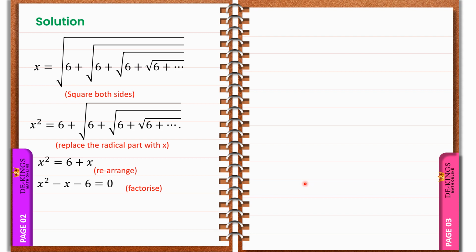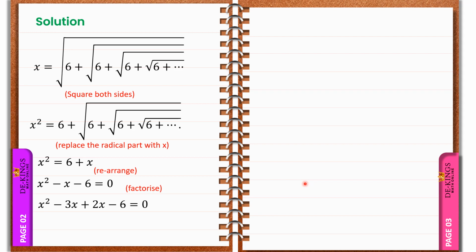Since we have minus x and then minus 6, it shows that one of them must be negative. Because of that, we're going to give the negative sign to the bigger number, which is 3, and the positive to the smaller number, which is 2. This will give us x squared minus 3x plus 2x minus 6 equal to 0.